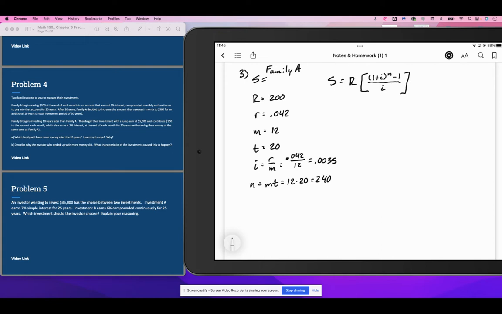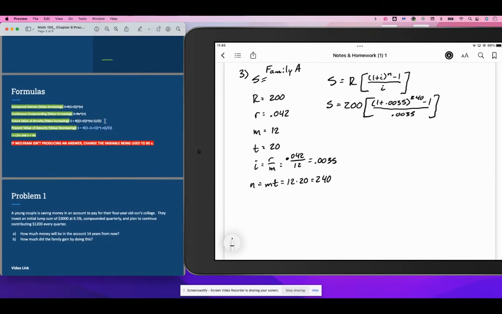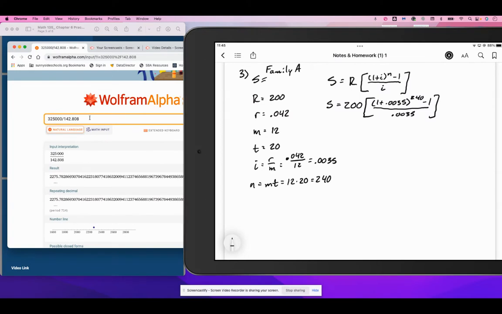So for our formula, we're going to have S is equal to 200 times (1 plus 0.0035) to the power of 240 minus 1, over 0.0035. And so I need the future value of ordinary annuity formula here, because the value in this account is going up over time, paying into the account.